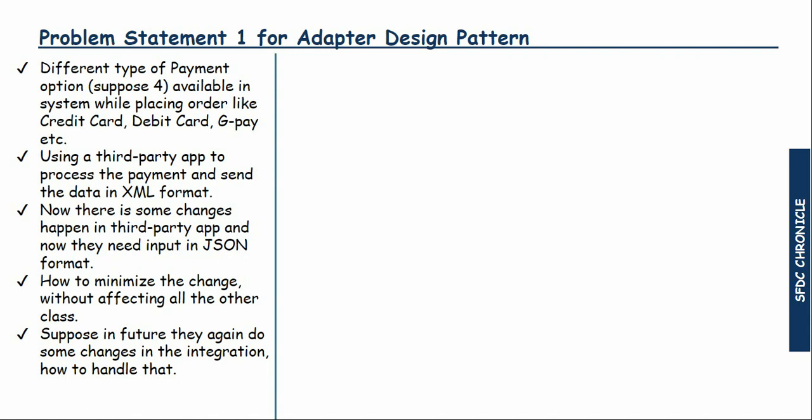Now there are some changes in the third party app and now they need input in JSON format. For some reason they have changed from XML to JSON format. So how do we minimize the changes then? Because all our classes are using XML, since we have already implemented that.